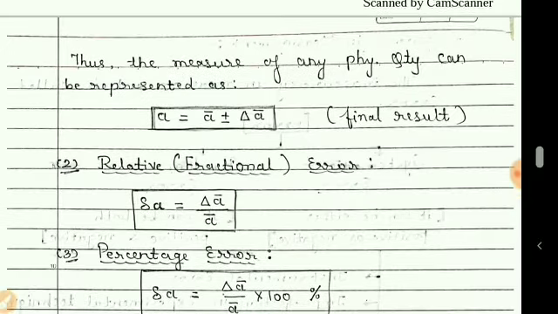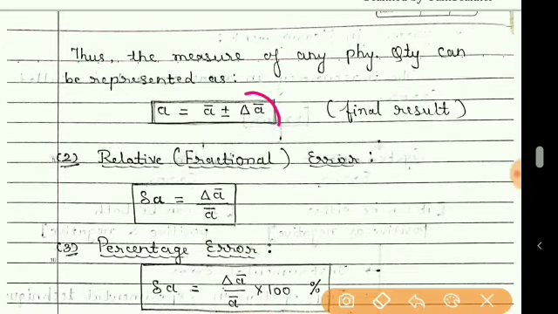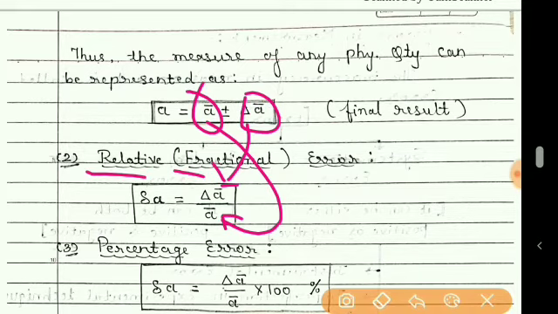Relative error means absolute error divided by true value. So absolute error divided by the true value is nothing but the fractional or the relative error. Now what will be the percentage error?